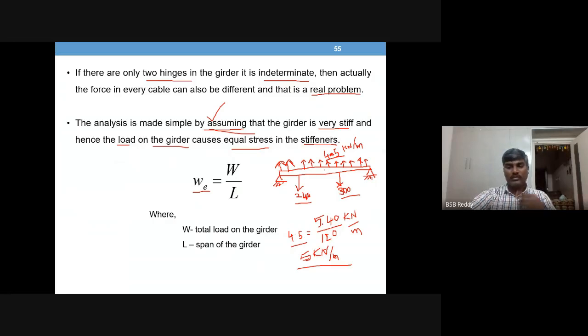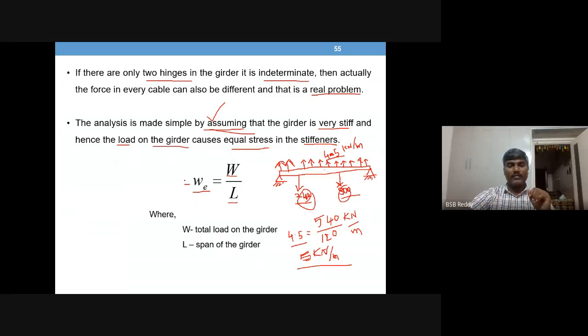When it is two-hinged, it is not going to be 5, because you are assuming that the total load acting on the girder is distributed equally throughout the stiffeners. Stiffeners are nothing but the suspenders.